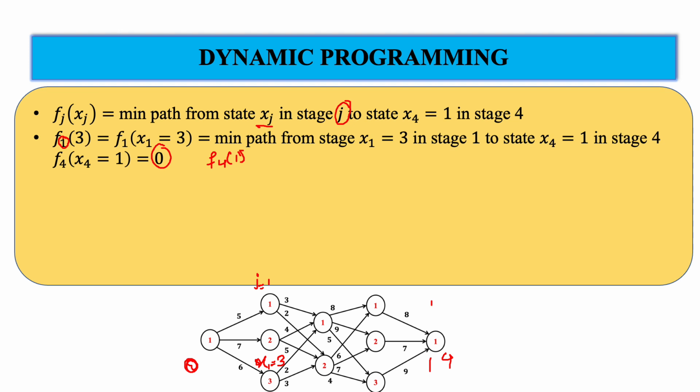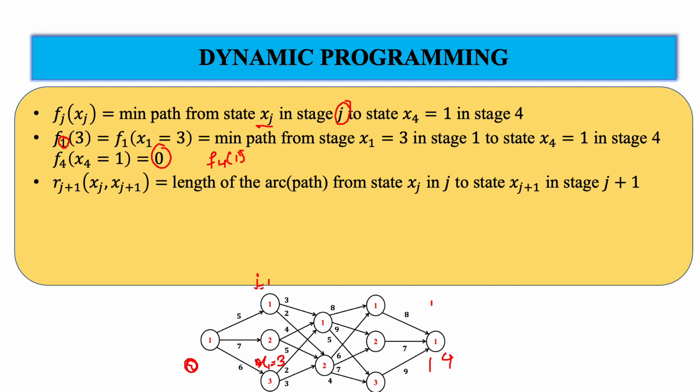Next we have to see what r(j+1)(xj+1) is. It is basically an arc length from state xj in stage j to state xj+1 in stage j+1. For that, see this example.